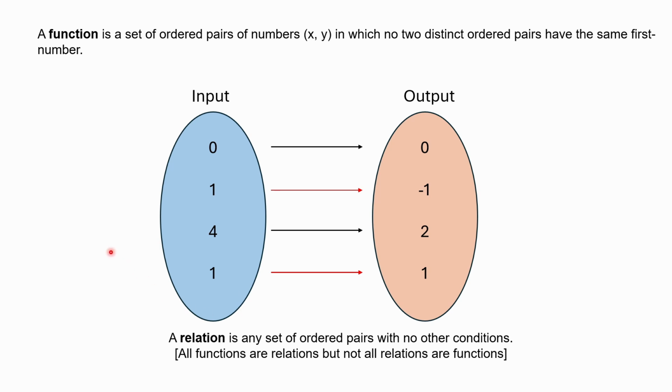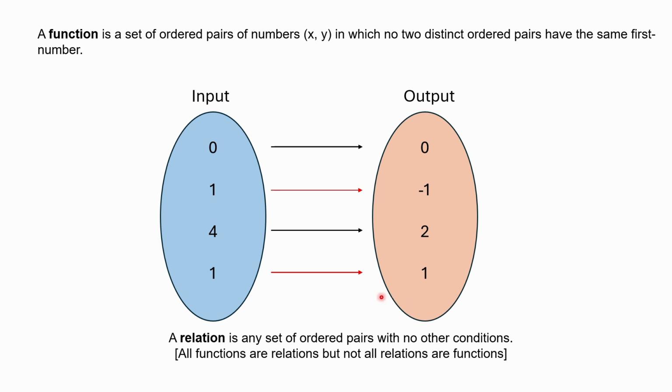Okay, so an example of not a function is this. An input of 0 to 0, 1 to -1, 4 to 2, and 1 to 1. We can see that you have an input of 1 and an output of -1 and an input of 1 and an output of 1 too.